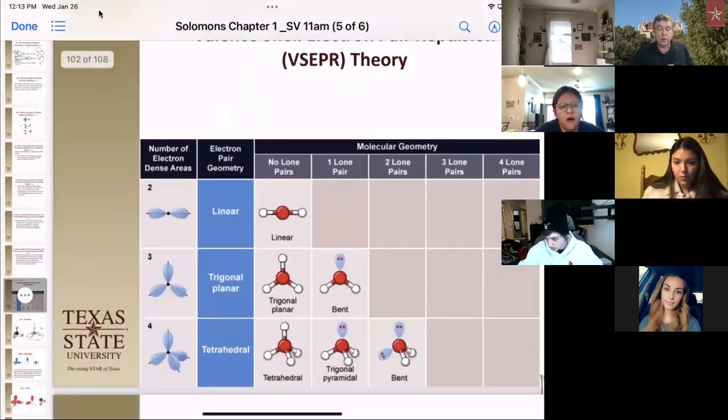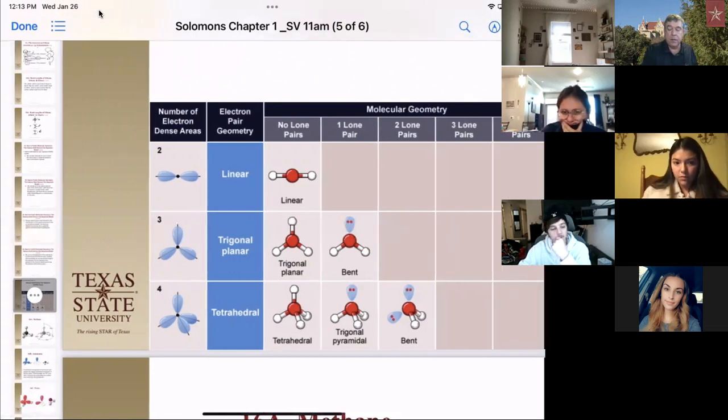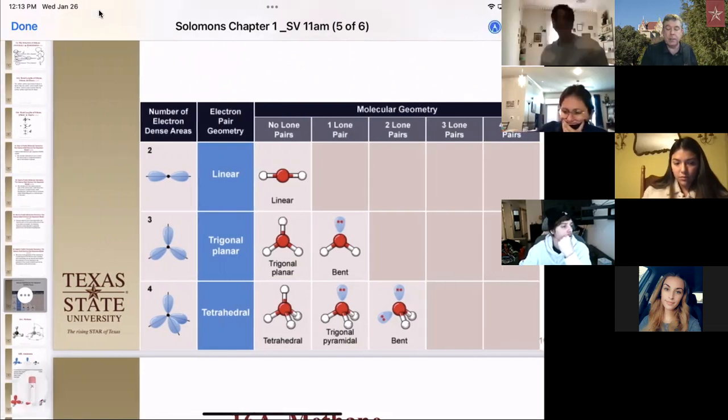Okay, so if we just have two areas of electron density, let's say we had something like beryllium, it only had 2 electrons, it has 2 areas of electron density, it's going to give us a linear shape right here, because it can only bond 2 times.